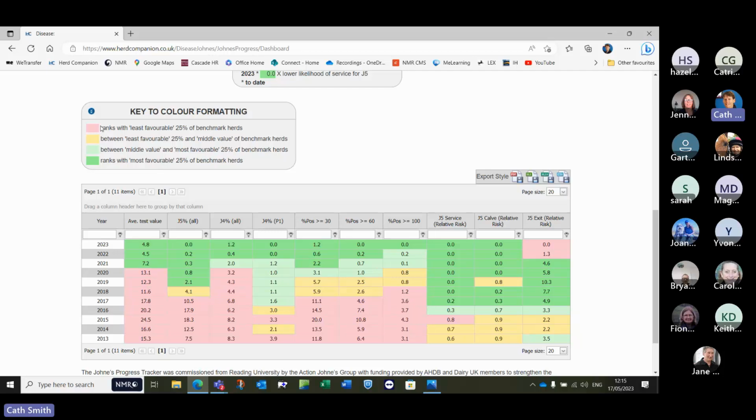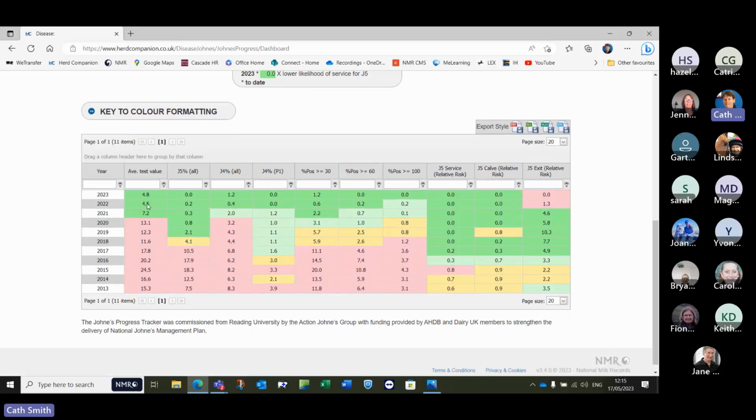So it's a green to red, very simple traffic light system. Anything green, this sort of dark green here, is at the same level as the top 25% of these benchmark herds. We've got middle values, the lighter green and yellow, and then we've got the pink, which is the bottom 25%.